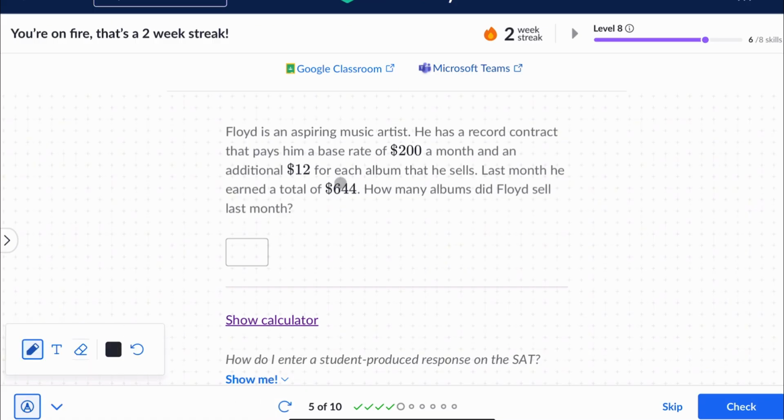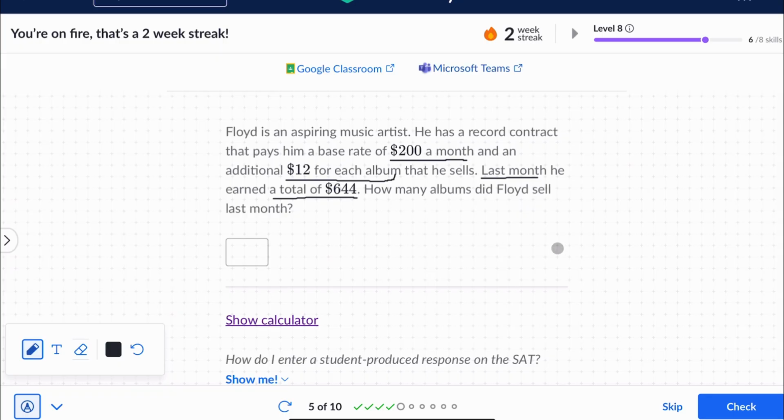Okay, so let's set up an equation here based on what we're given. He gets paid a base rate of $200 a month and an additional $12 for each album he sells. And now we're given that last month he earned a total of $644.